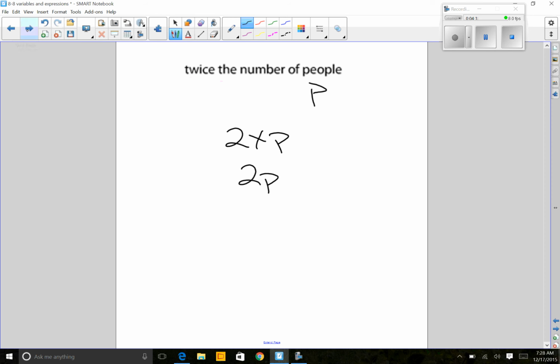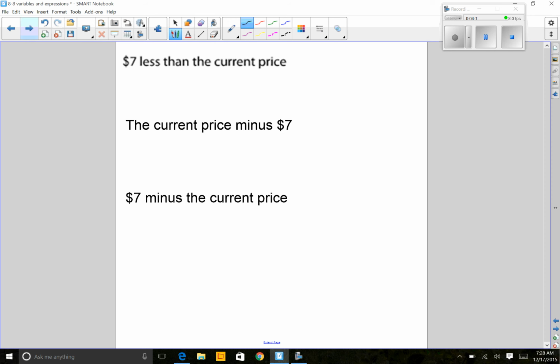These next three are the ones I really want you to look at, because these are the ones that get a little bit confusing. Again, I'm going to make my variable p for price. If we had $7 less than the current price, you read that and think, okay, it's $7, so it's the current price less $7.